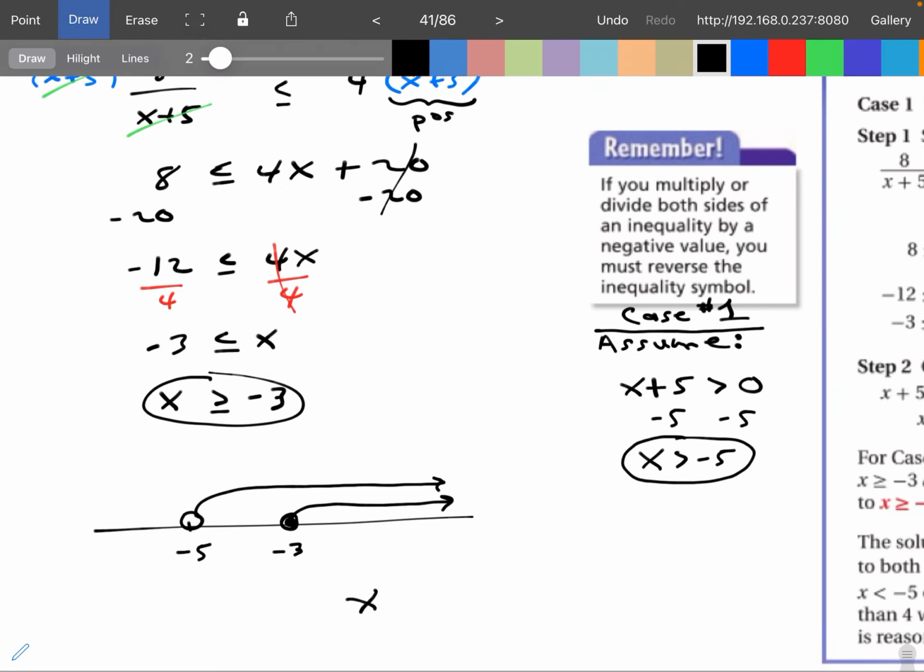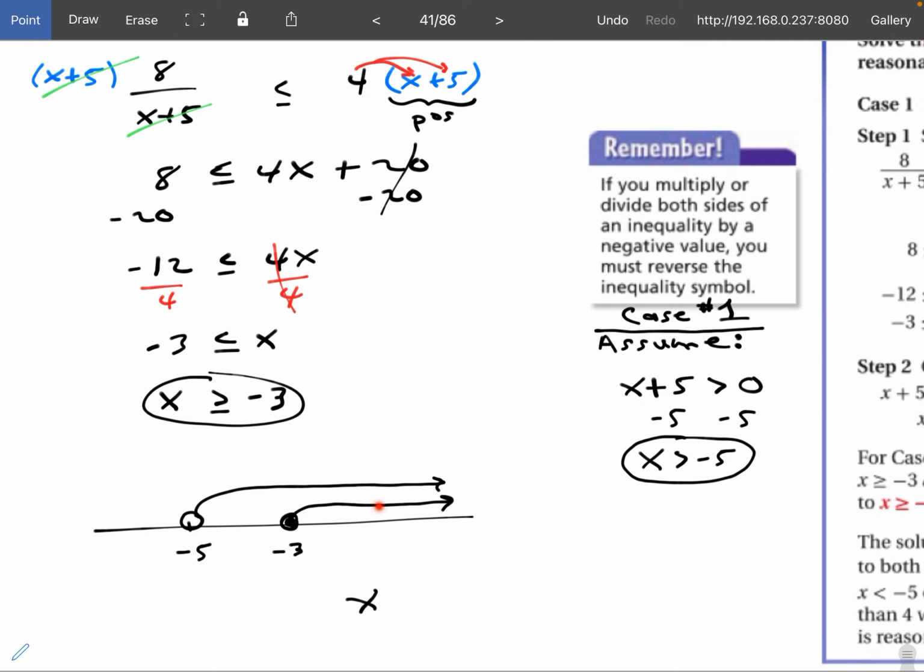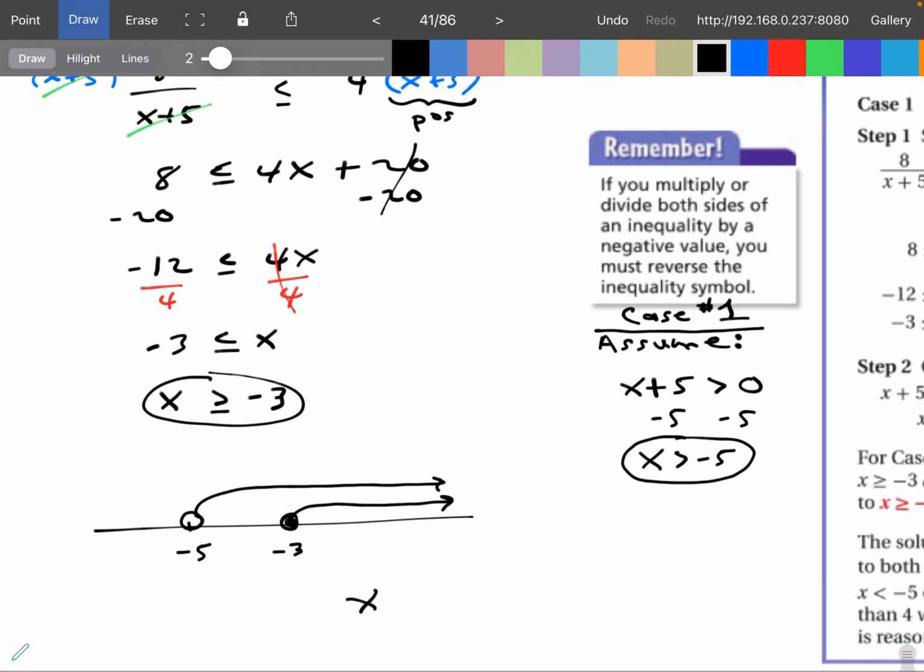X is what? Where is it double shaded? Where is it shaded twice? Negative 3. Well, to the right of negative 3. Yeah. Can you guys see that? So it's double shaded over here, right?